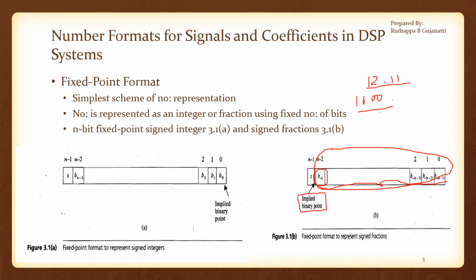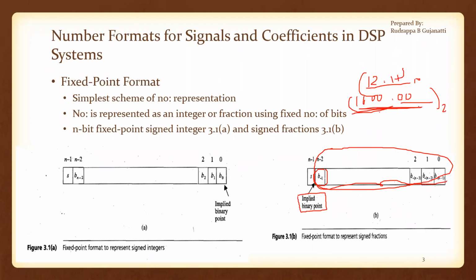This is 12, and this one I have to multiply with 2 and take the representation, 0, 0. So it continues. If I keep on multiplying, it continues. So this is decimal. This is the binary representation.